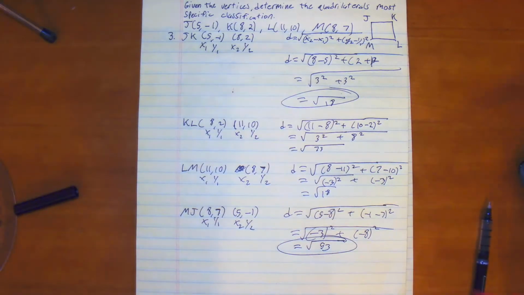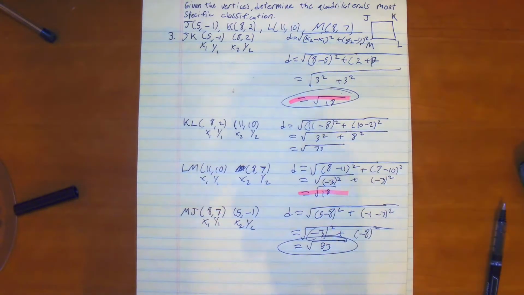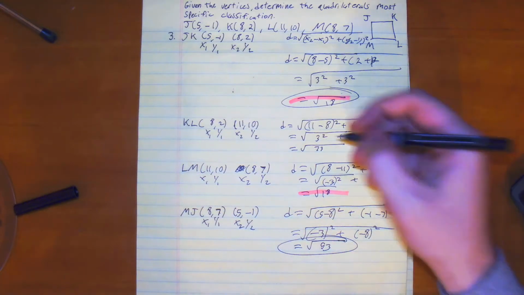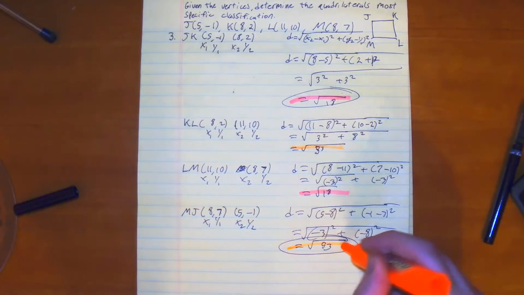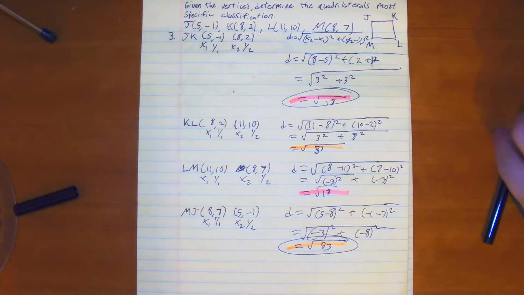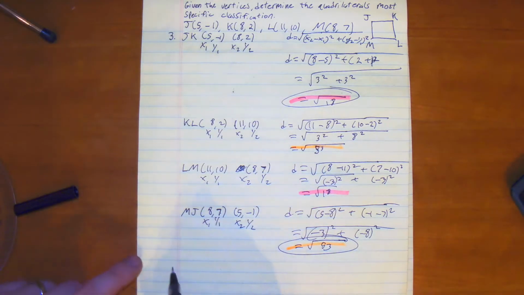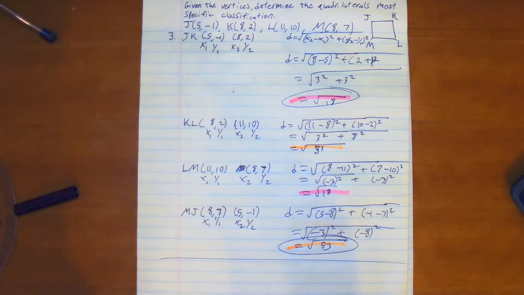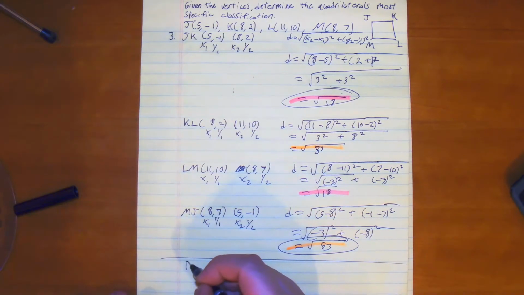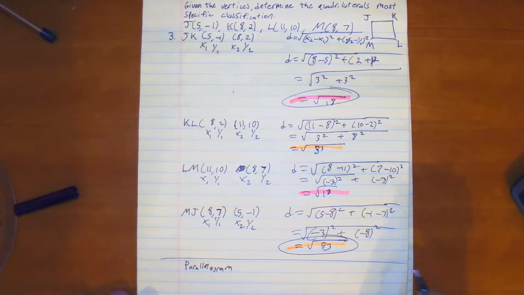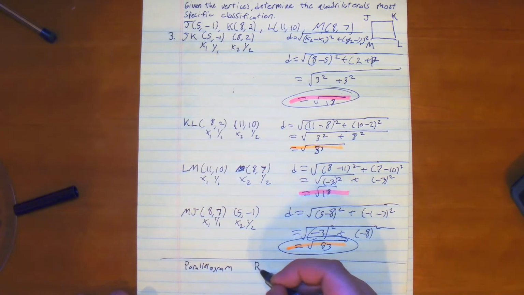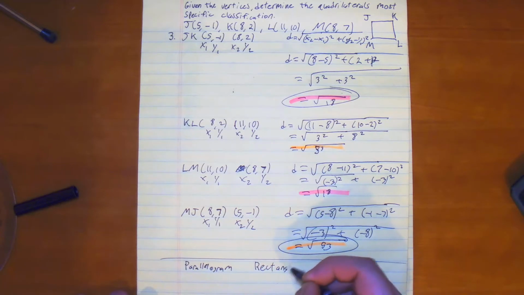As we can see right here, we have 18, 18, and 73, 73. So we have two unique sides. So for us to figure this out, it cannot be a rhombus or a square, so the only two choices are a parallelogram or a rectangle.